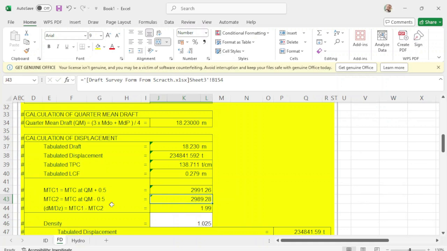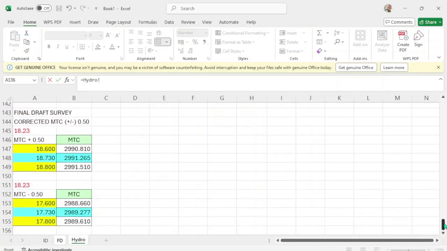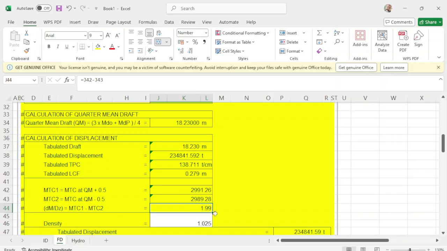Then with minus 50 put equals. Then you go to the hydrostatic table. Then you go for the minus 50. Okay. 1823 minus 50, that would be 1773. You click this one and press enter, and it will go here.